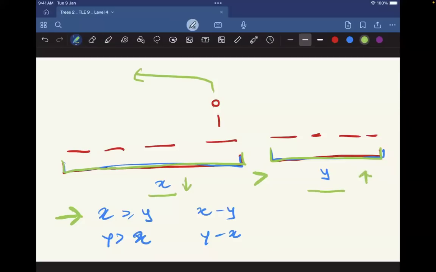Yes or no? If I take my I towards the left, then my x sum will decrease and y sum will increase. Okay. Now let's consider this case, all right, where x is smaller than y. Then do you agree in this case, I want y to decrease and x to increase. So in that case, I will move my I towards the right.